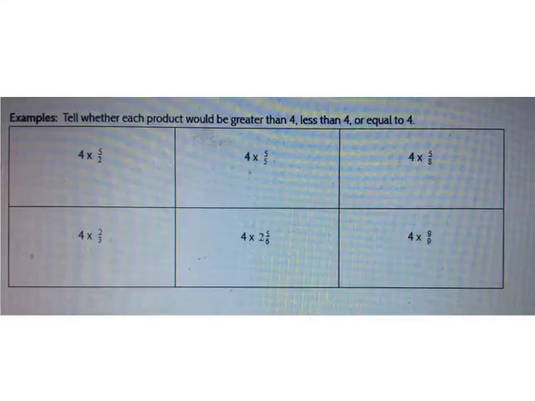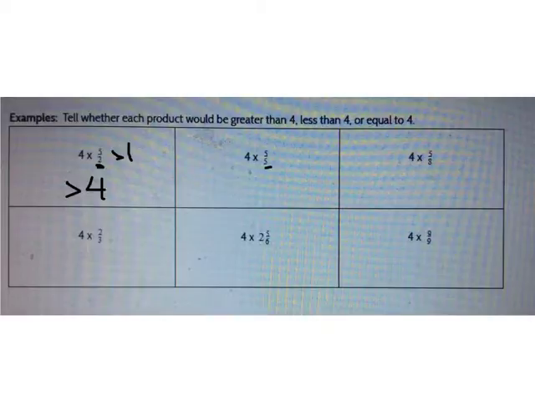Let's do some practice. Tell whether each product would be greater than 4, less than 4, or equal to 4. 4 times 5 halves. Is 5 halves less than 1, greater than 1, or equal to 1? 5 halves is greater than 1. So this will be greater than 4. 4 times 5 fifths.